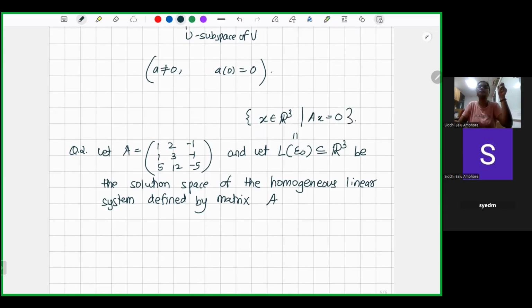So this is what this means. This is the solution space of the homogeneous linear system.